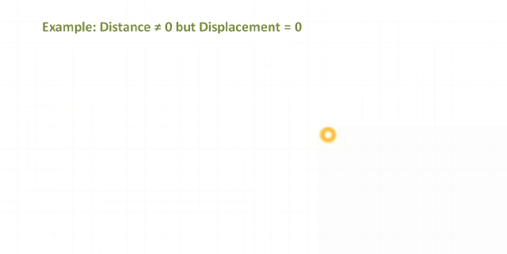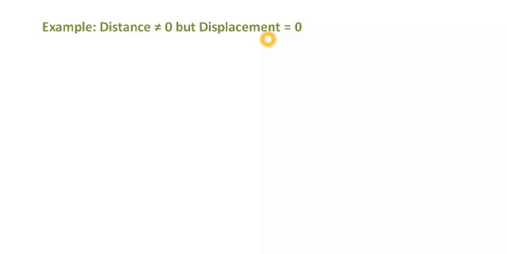Now let's look at another example where distance is not equal to 0 but displacement can be equal to 0. So distance is not equal to 0, right? That means the object is covering some distance, but displacement comes out to be 0. Interesting.